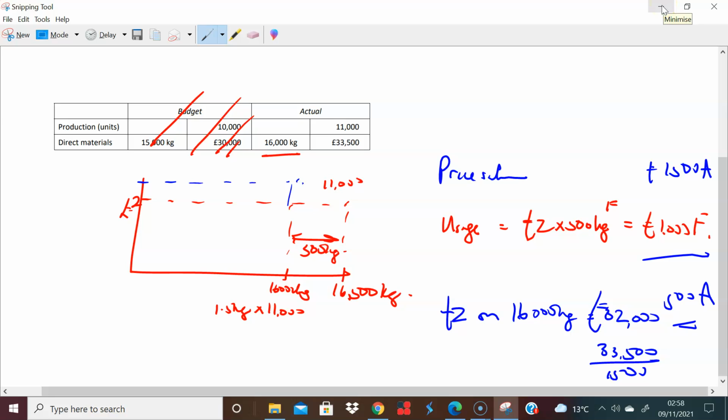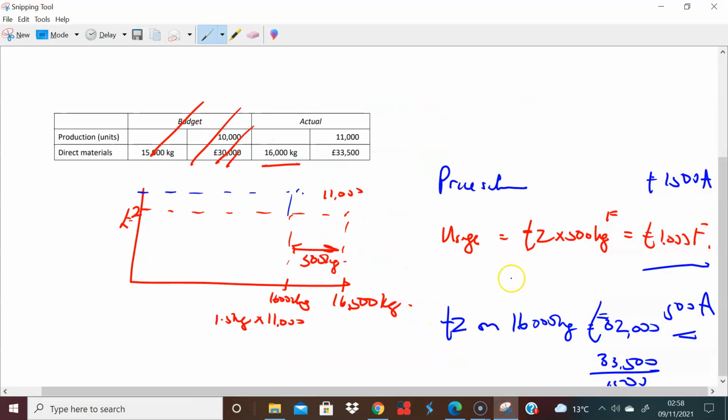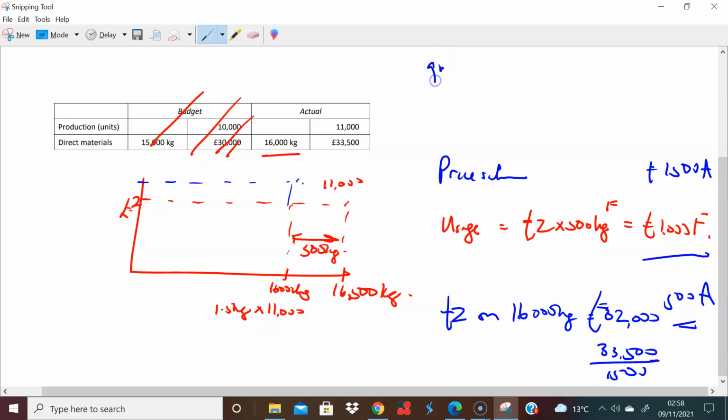You just need to be very methodical about this. You do this introduction first, then you go up here and break it down, and then finally you discuss the reasons. One nice suggestion is that you bought slightly more quality material, and that meant that you were more efficient with the material.